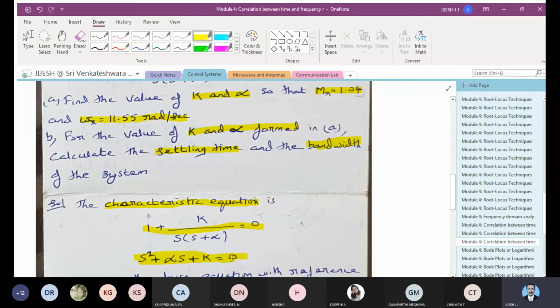So what all is given here? MR is 1.04 and omega R is 11.55 radians per second. You are asked to find the settling time as well as the bandwidth after finding the values of K and alpha. So we have to use the equations for MR and omega R in order to find the values of K and alpha. We got the characteristic equation s square plus alpha s plus K is equal to 0.